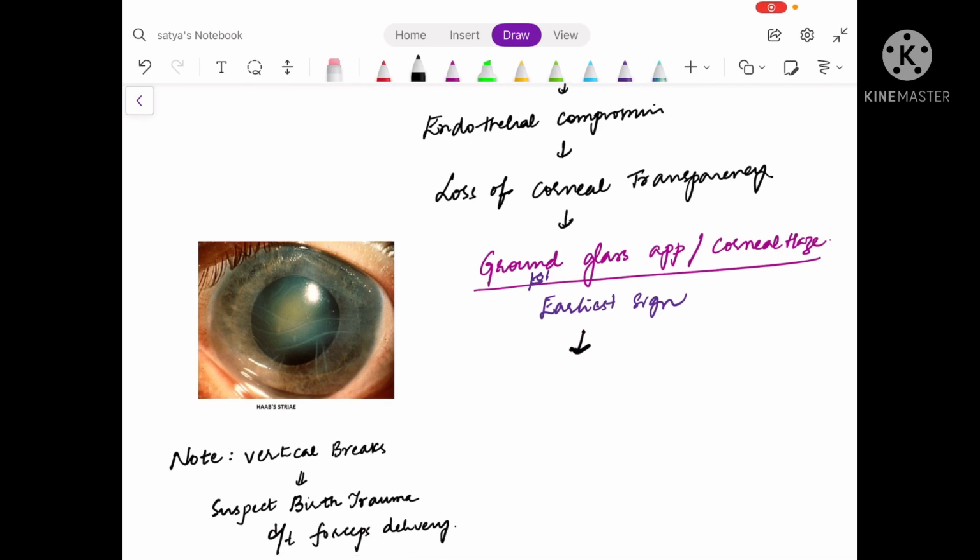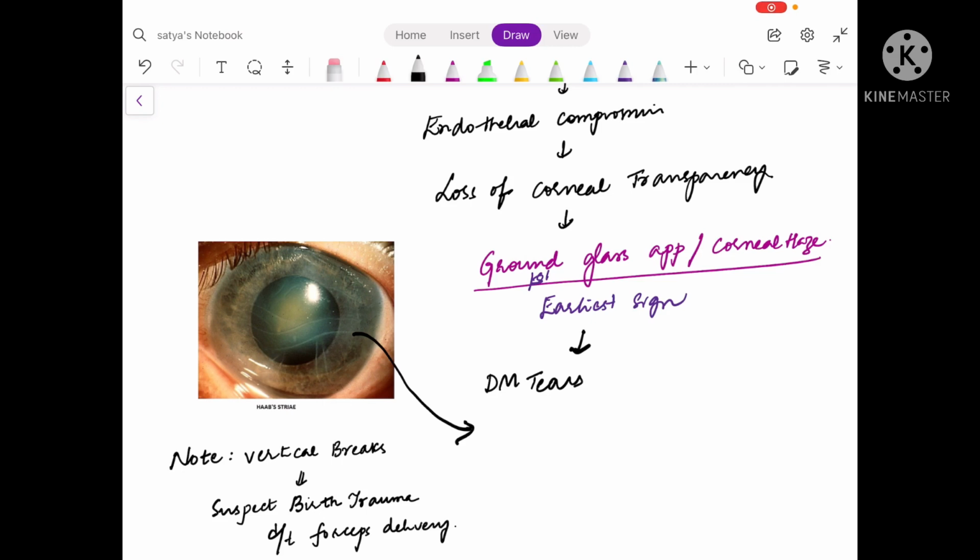This ground glass appearance will progress. There will be endothelial compromise, loss of transparency, and further Descemet's tears. These Descemet tears will appear as corneal opacified lines. Here you can see the corneal opacified lines, which are usually horizontally oriented.